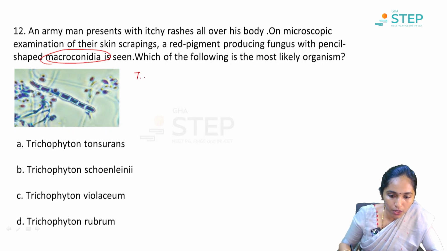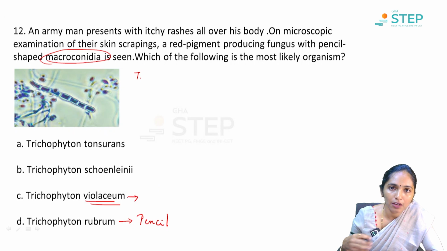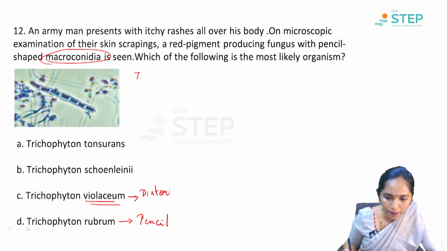So the very first one, let us take Trichophyton rubrum. So rubrum, as I told, this is the answer. So it should be pencil shaped, right? So pencil shaped in case of rubrum. Violaceum means there is a lot of violet. So violaceum, what does it produce? It produces distorted hyphae.